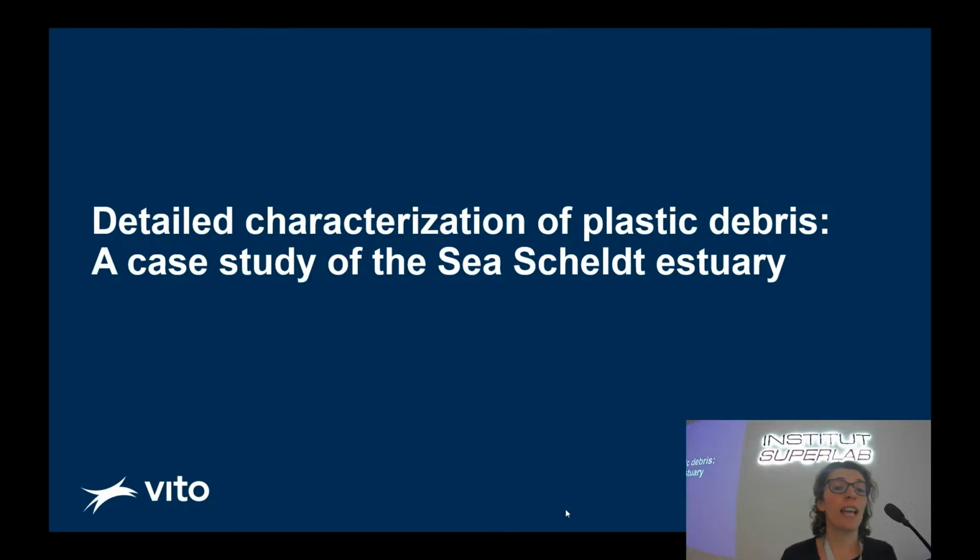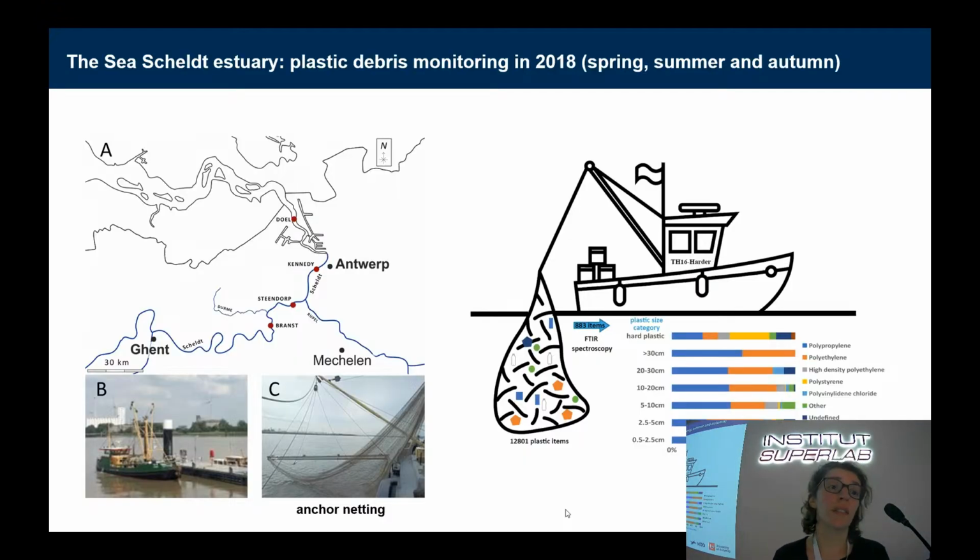The first study that we had was on plastic debris, and it was a case study at the Scheldt estuary. This is where the path comes from macro to nano and beyond. In the Scheldt estuary, we monitored the plastic debris in spring, summer, and autumn of 2018 together with the University of Antwerp.